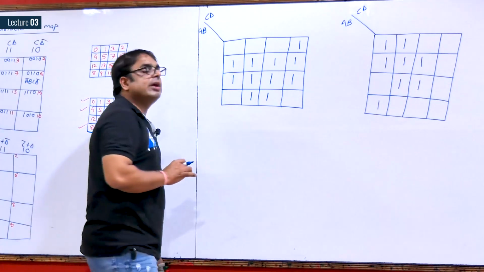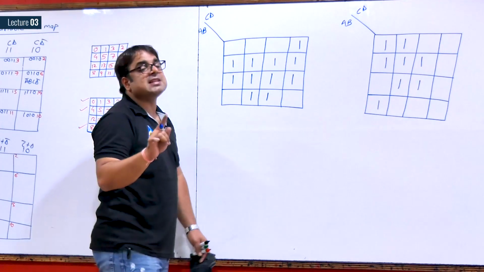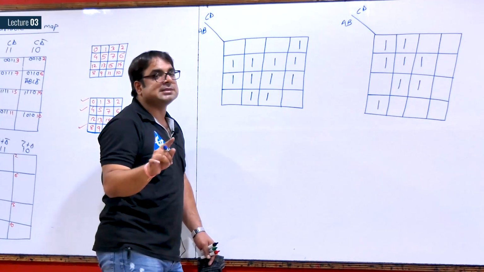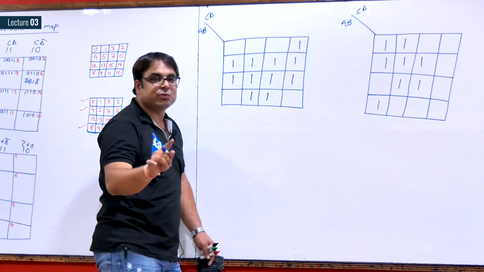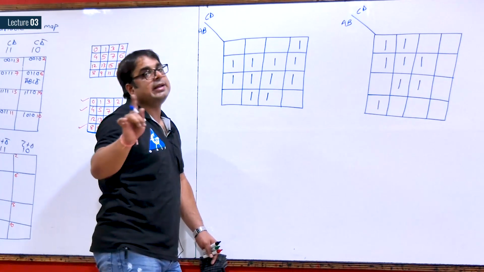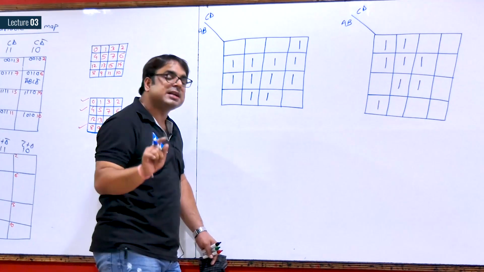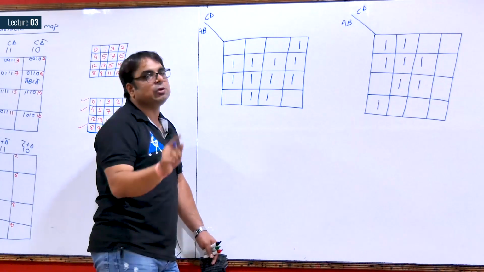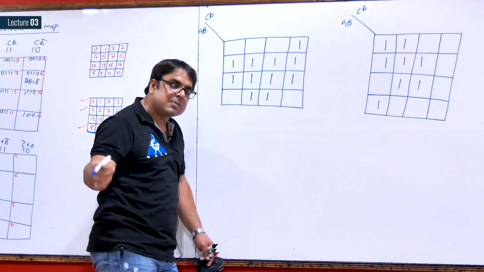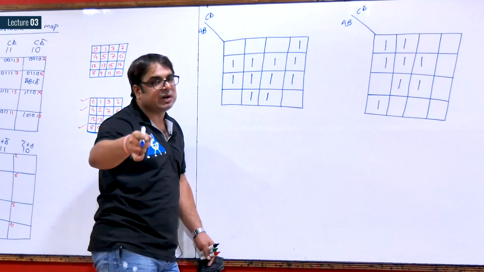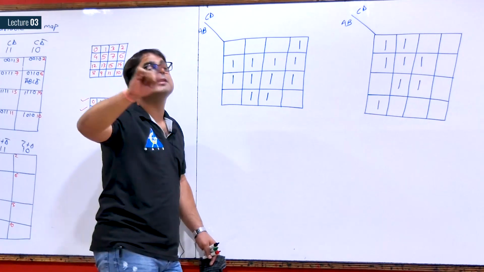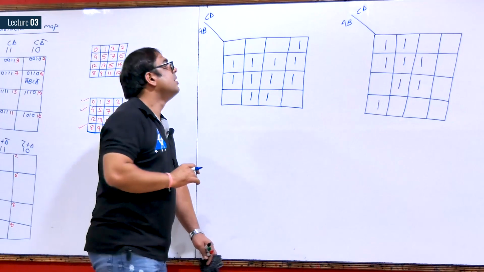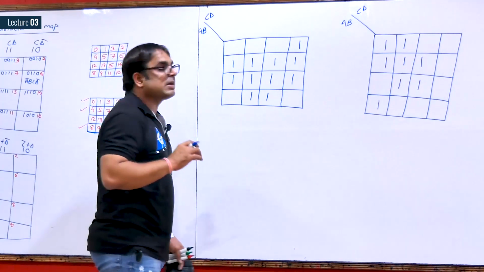First we are going for SOP. Always remember, in SOP we make groups of ones, that is min terms. In POS we make groups of zeros, that is max terms. Let me complete the basic structure first.